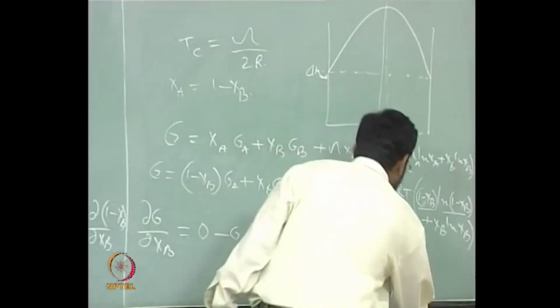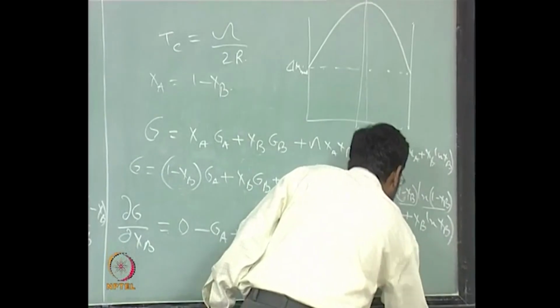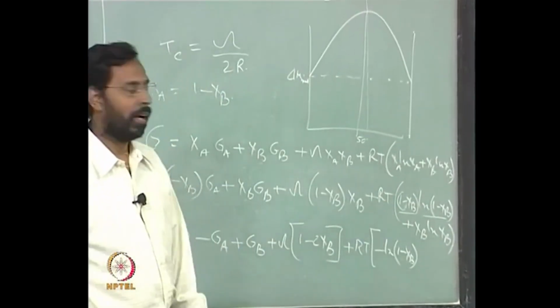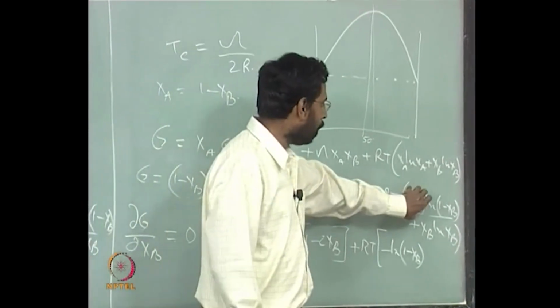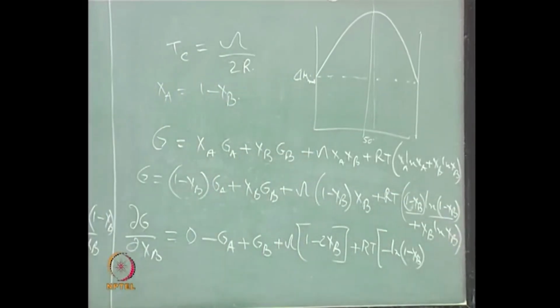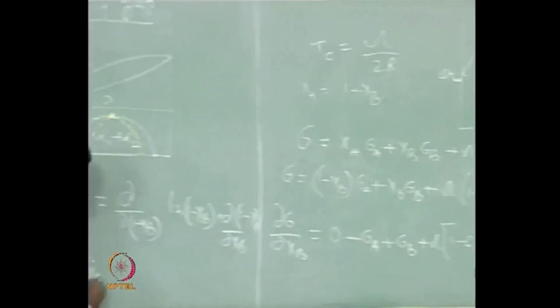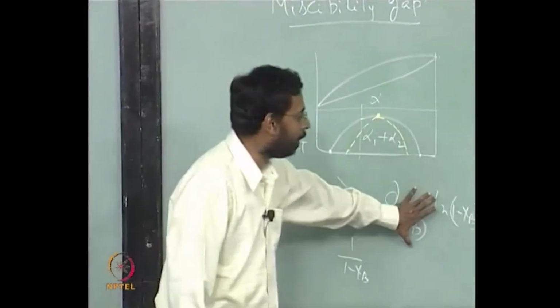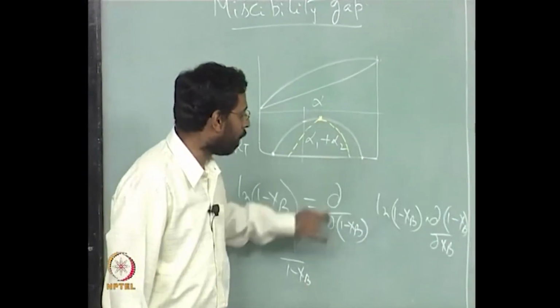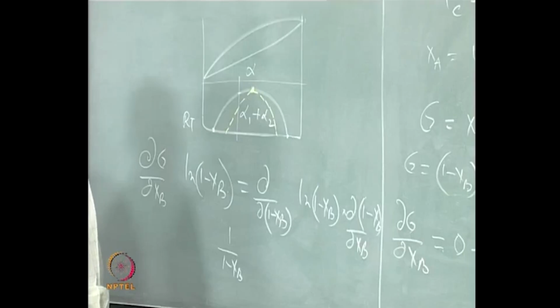So that means this is minus ln 1 minus x b, and then I now keep this and take the derivative of that, which is 1 by 1 minus x b, and the derivative of this part is minus 1, am I right?